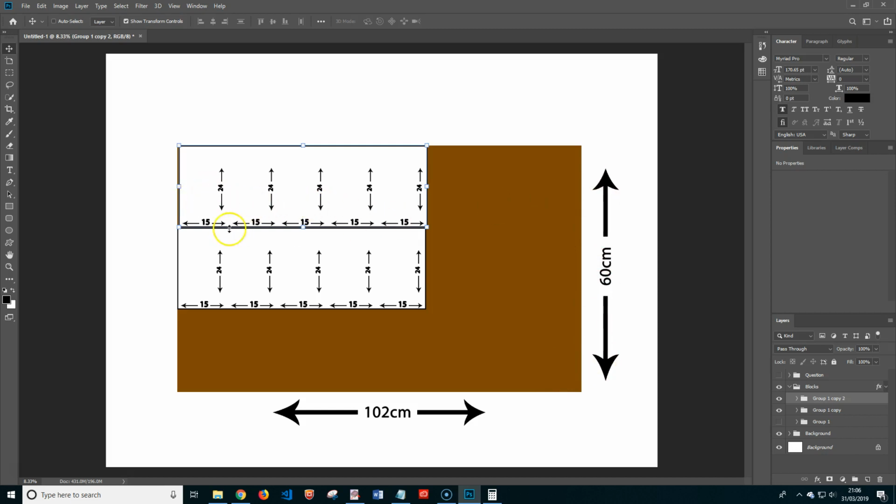And we know the width of this is 15 plus 15 plus 15 plus 15 plus 15. So 5 times 15 is, go for it, 75. Yep, that's right. And we've got a height of 24 plus 24.